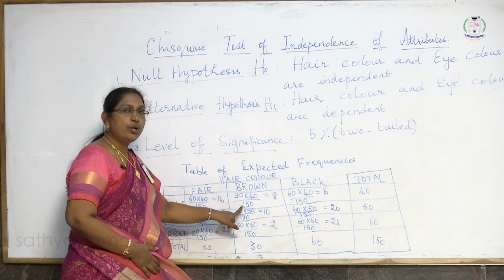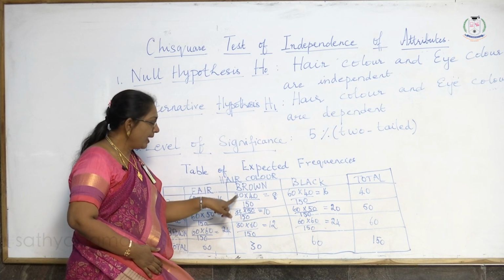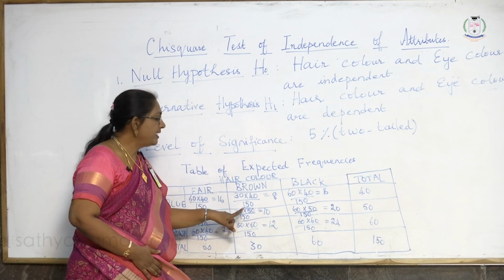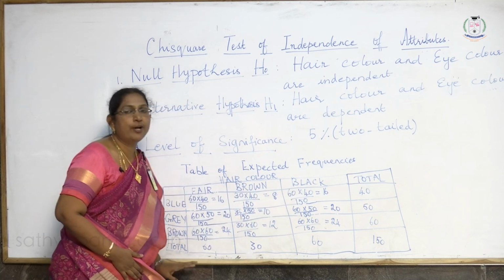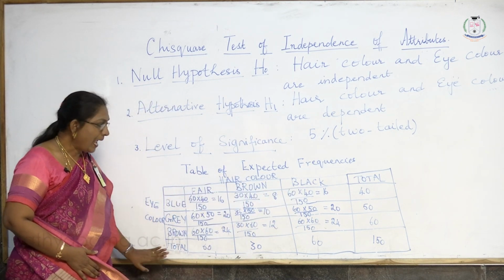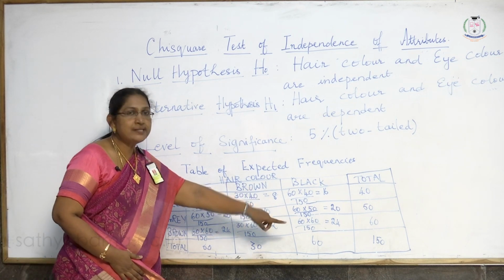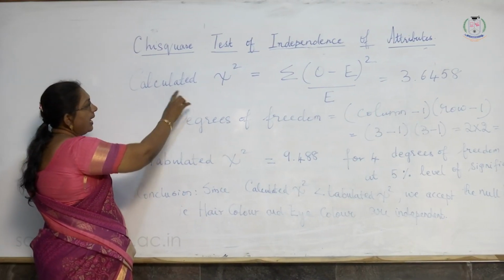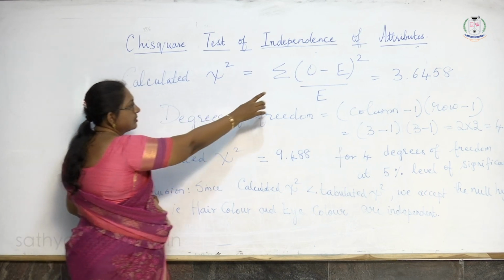Similarly, we will go to the second cell. In the second cell, we will multiply the row total into column total and divide it by the grand total. Like that, we will do for all the cell values and see that finally the grand total matches your observed frequency total.